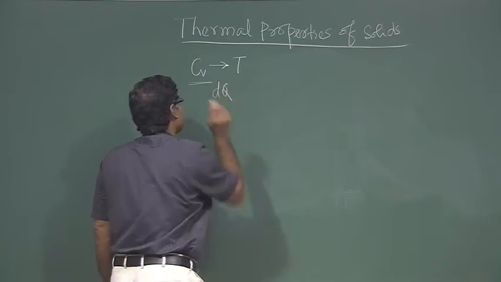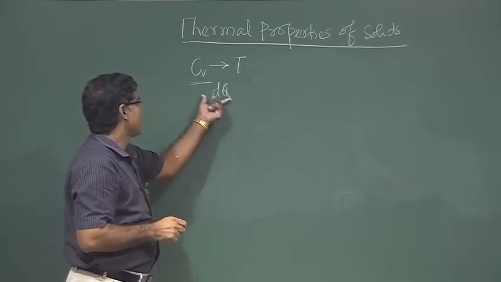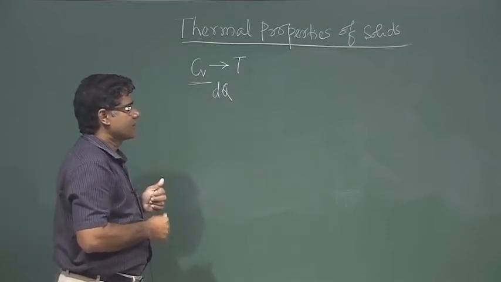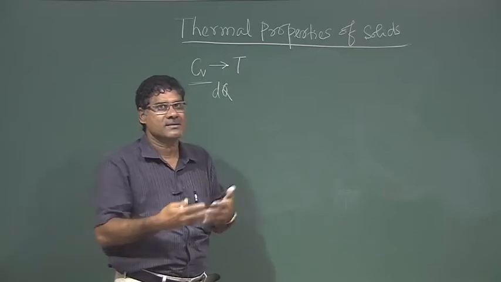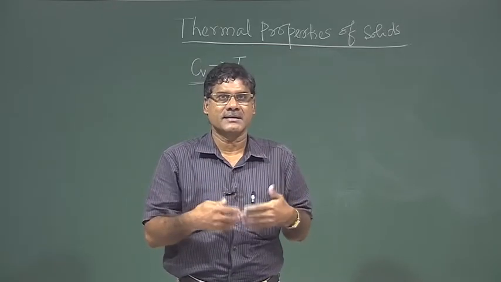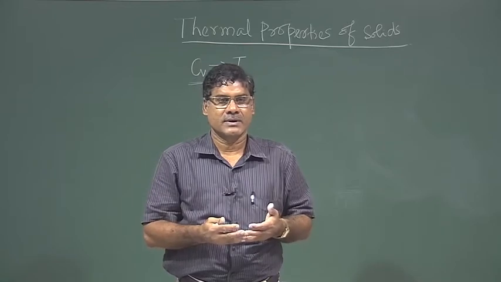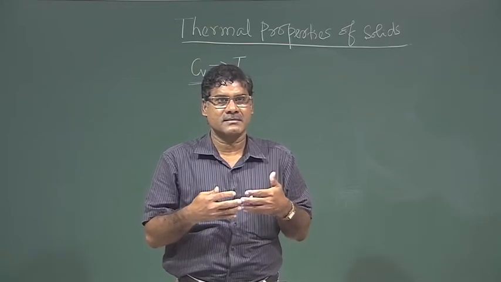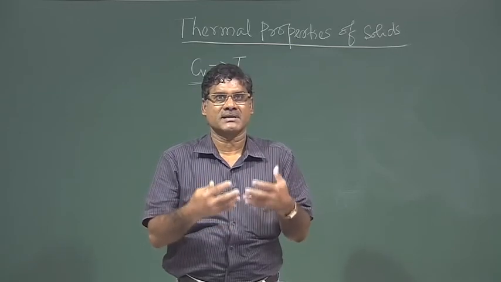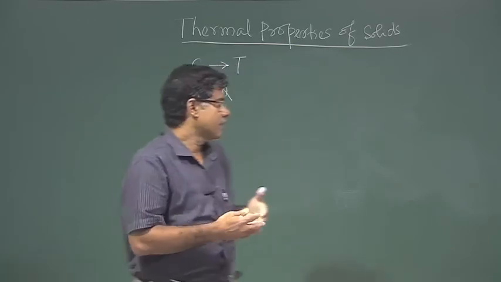Since it is related with heat, dq amount of heat we are supplying to the system, and that system is having some change. Its internal energy changes, that is basically change of kinetic energy and potential energy of the system, right.